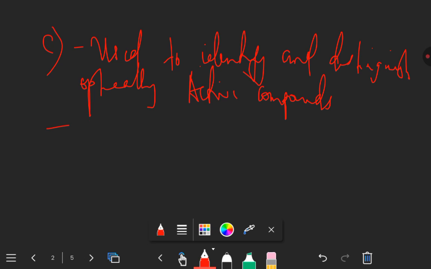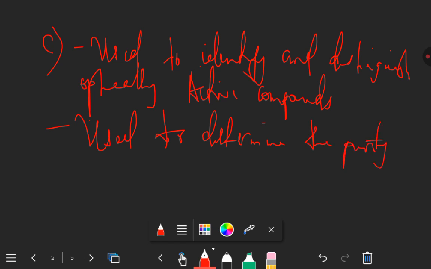The other reason is that it is used to determine the purity and the concentration of chiral compounds, so used to determine the purity of a substance.